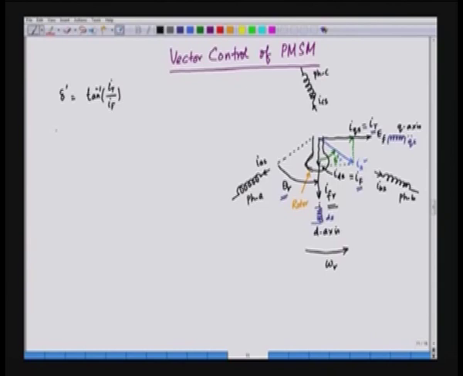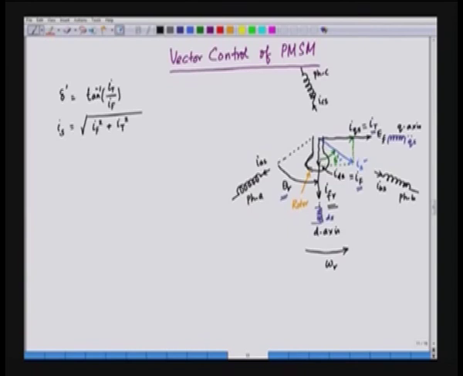IS is the stator current which has two components, IF and IT, which are orthogonal. So, as per the Pythagoras theorem, IS equals the square root of IF square plus IT square.